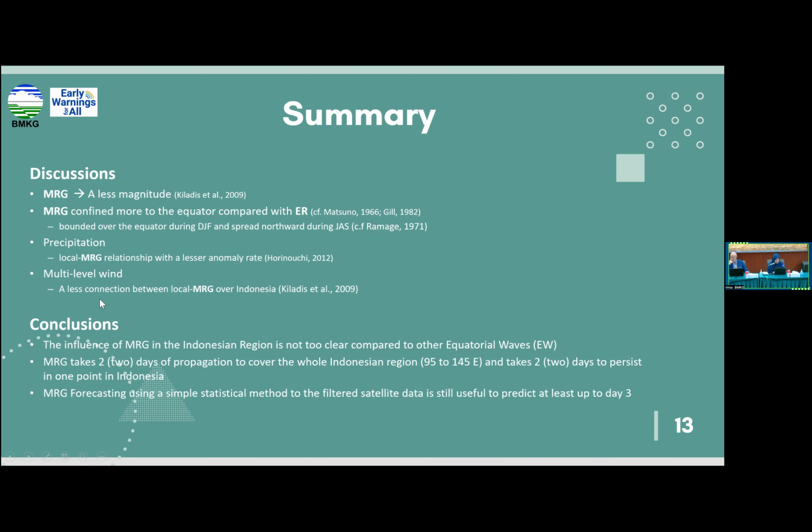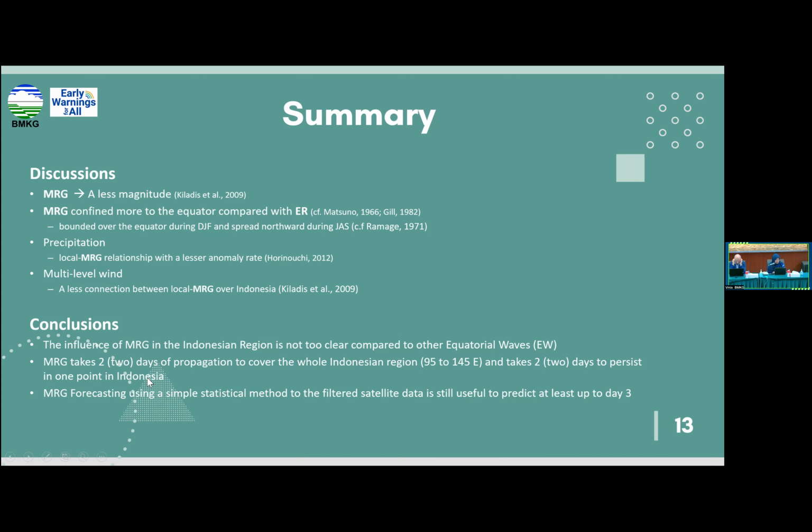For the multi-level analysis, it also shows a weaker connection between local conditions and the mixed Rossby-Gravity wave over Indonesia. For the conclusions, the influence of mixed Rossby-Gravity in the Indonesian region is not as clear compared to other equatorial waves, especially equatorial Rossby and Kelvin.